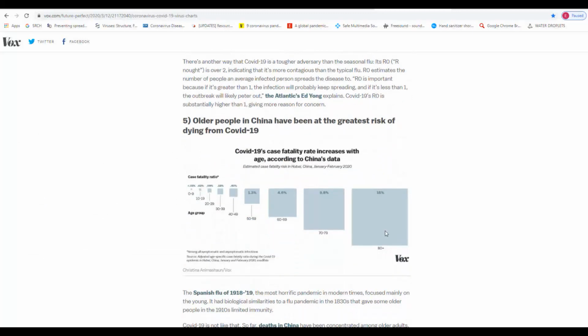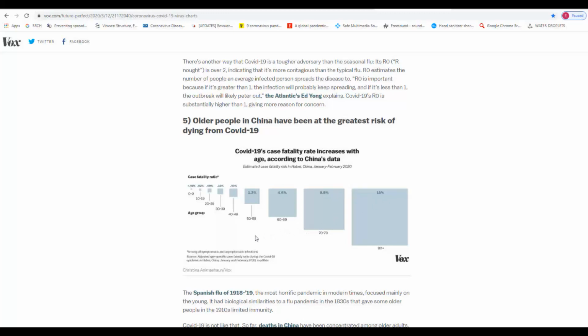There's another graph here. This is a histogram, again in age group, and this is talking about the case fatality ratio. So that's an interesting thing to know about, because, for example, for people 80 and above in age, the fatality is 18% out of the cases that come in that are identified.